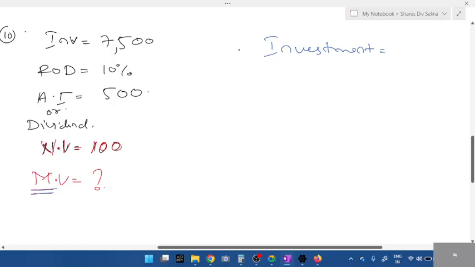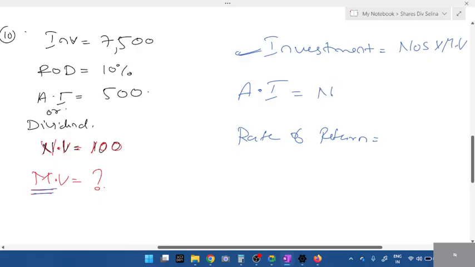Total how many formulas do we have? We have 3 formulas. Investment, what else? Annual income and, no, there's no number of share formula. Rate of return. So in investment, what's the formula we use? Number of shares into market value.